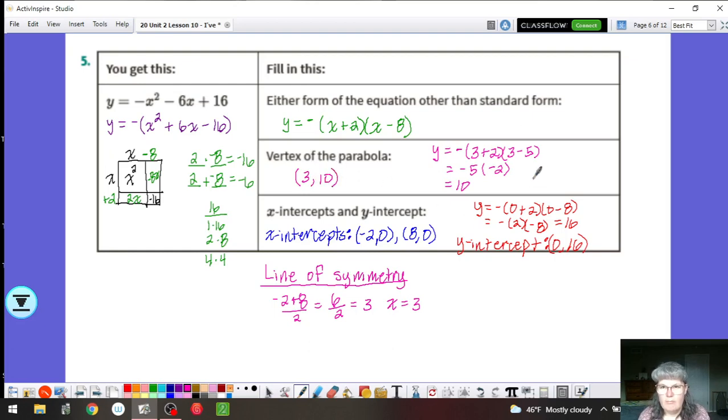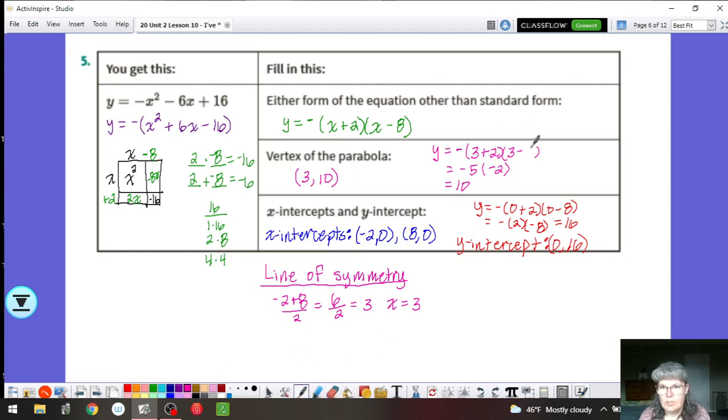And I'm just kind of pausing in my thought because I want to make sure everything is coming out correct. Oh, I made a mistake. I have a 3 minus 5 instead of a 3 minus 8. Found my mistake.